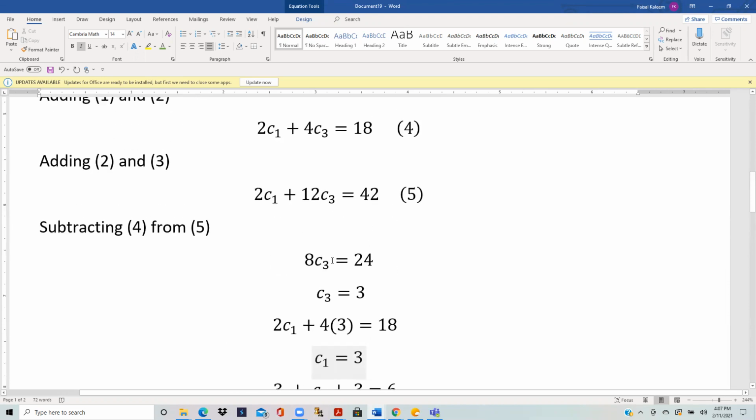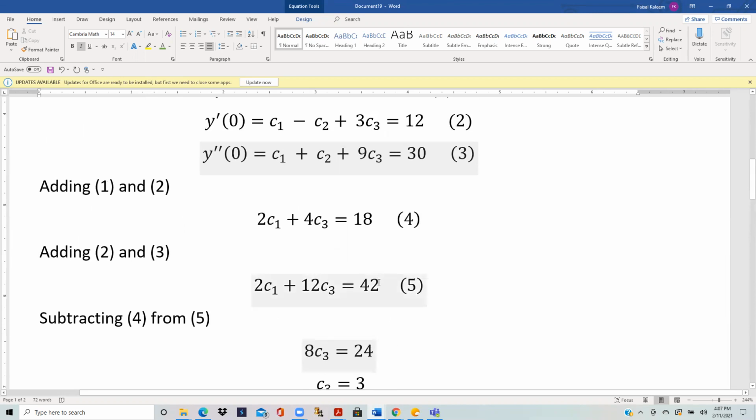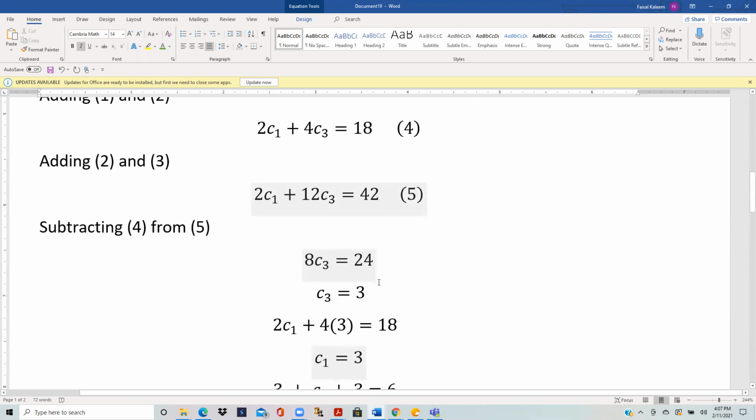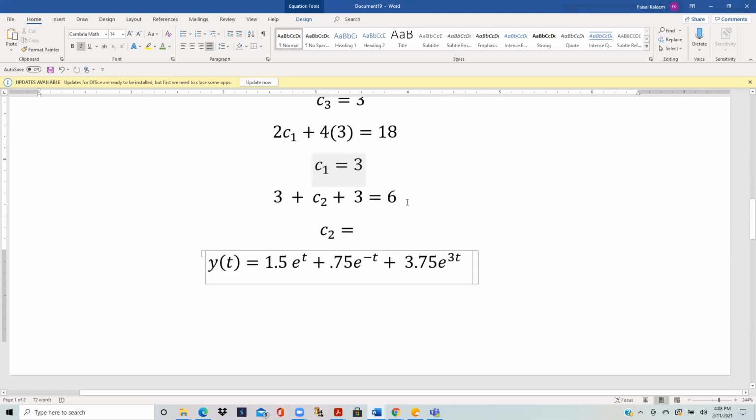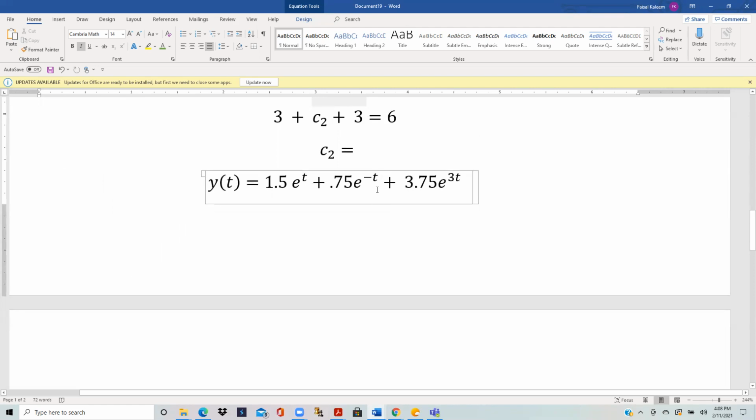Let's double check. The 0 makes me kind of suspicious. So C1 and C3 equal to 3. So 3 times 2 is 6. 4 times 3 is 12. 18 minus 12 is 6. 12 times, yeah, it looks right. So it means C2 is 0. So this second term will disappear.